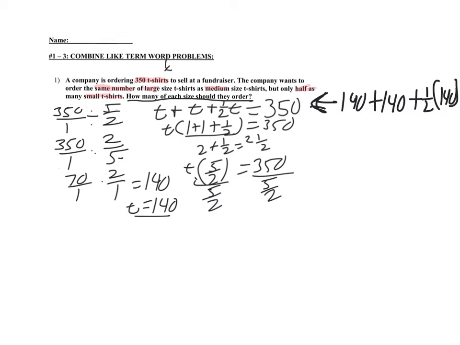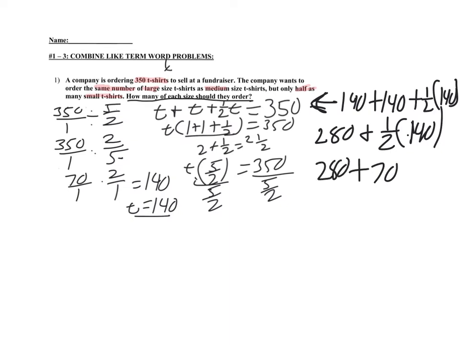So 140 plus 140 is 280, plus 1/2 times 140. Half of 140 is 70, so 70 plus 280 is 350. So we've got 350 equals 350.